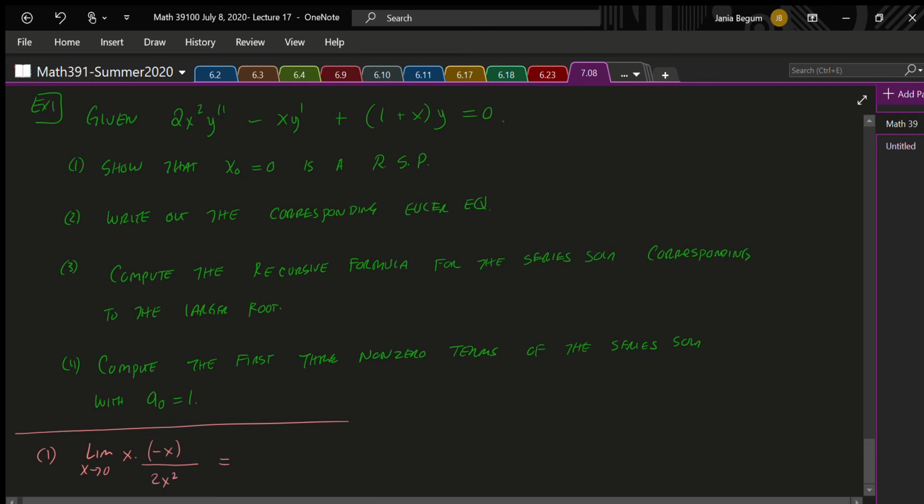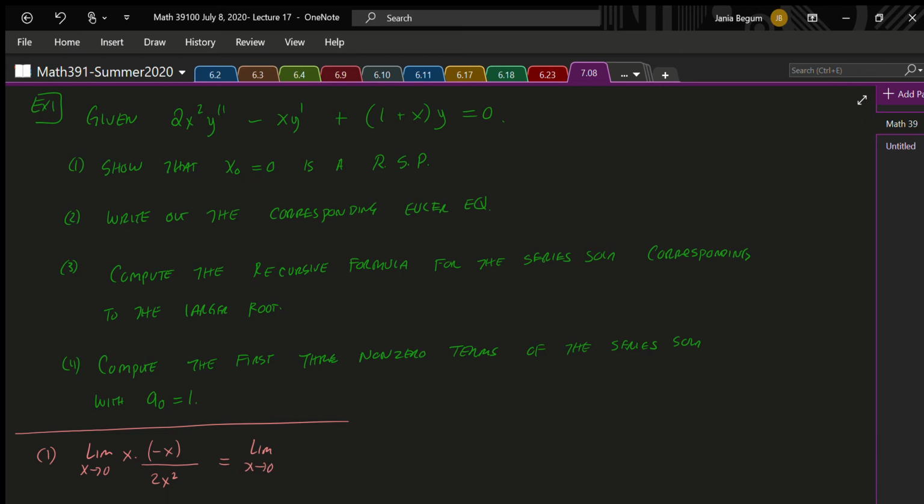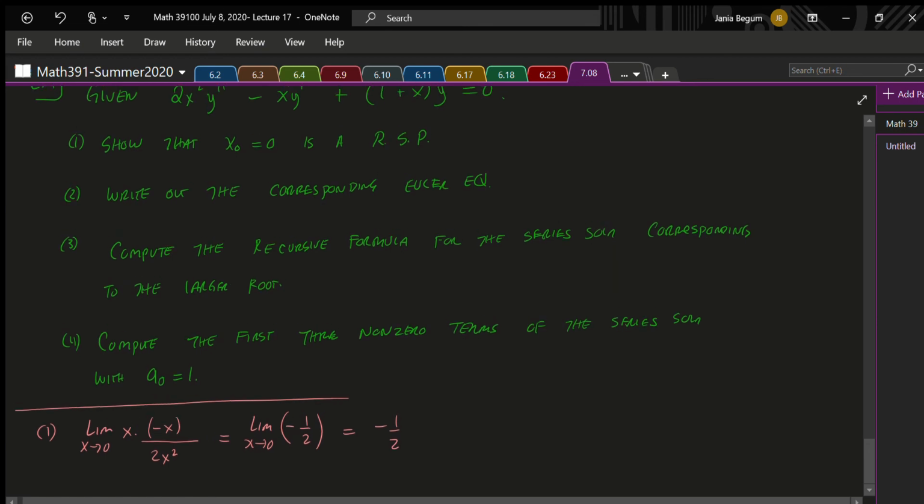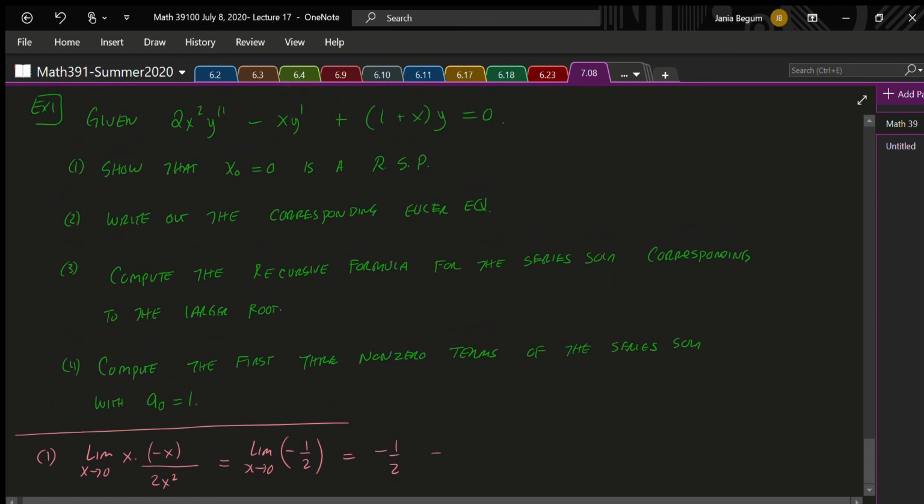So what do we get as we take the limit of this? You would see that x and x on top would cancel with the x squared on the bottom, so you'll have negative 1/2. The limit of a constant is just a constant. So we computed the first limit, and we said that the first limit always corresponds to beta.